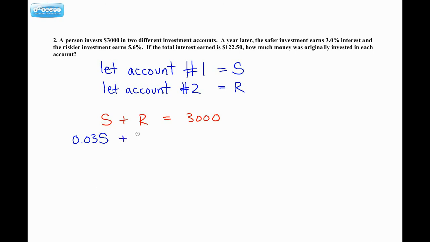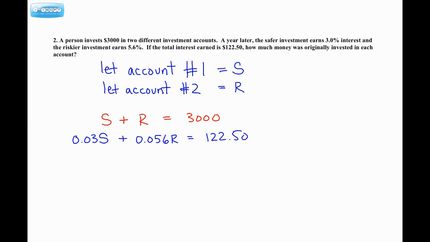Plus, we're told that 5.6% interest is earned. So if we want to figure out that percentage of R, we just multiply by 0.056 R. And we are given the total interest earned, which is 122.50. So this is our system.